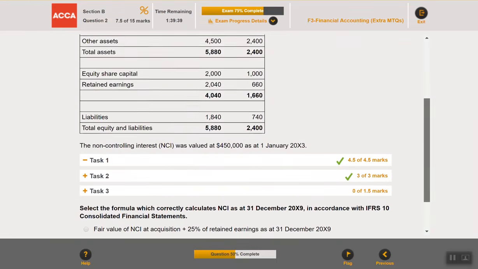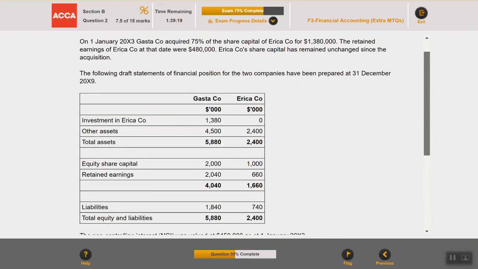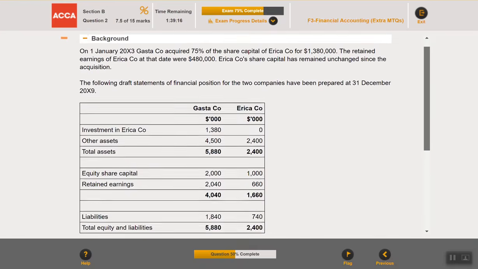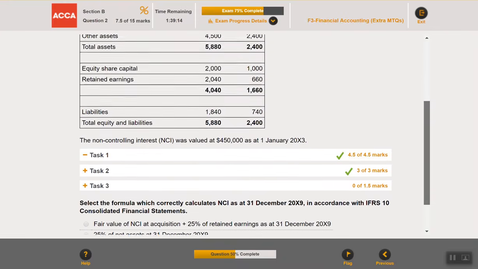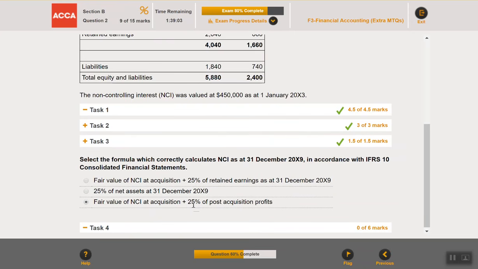So, 25% of net assets at 31st December: no. Fair value of NCI at acquisition plus 25% of post-acquisition profits. Post-acquisition profits is the difference of net assets at acquisition and net assets at consolidation. So this is the correct answer. This was actually a general question. The 25% is specific to this question, otherwise it is a general question.